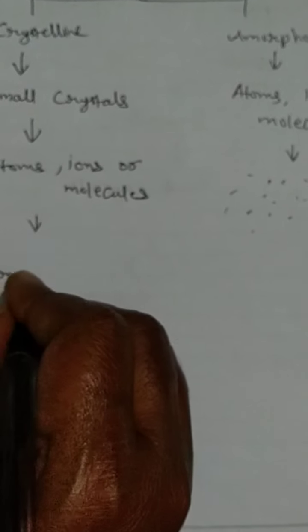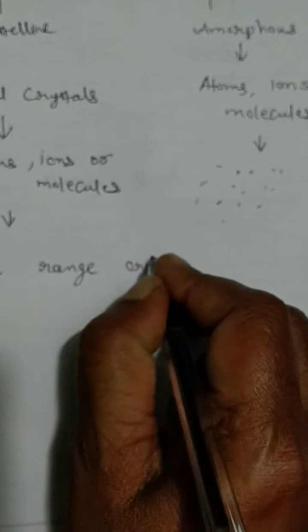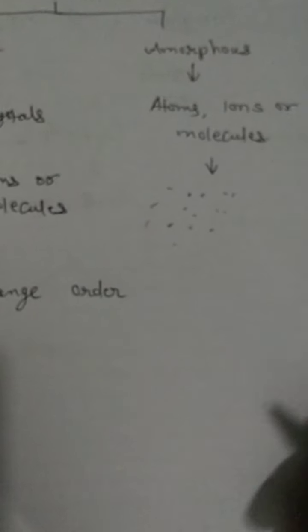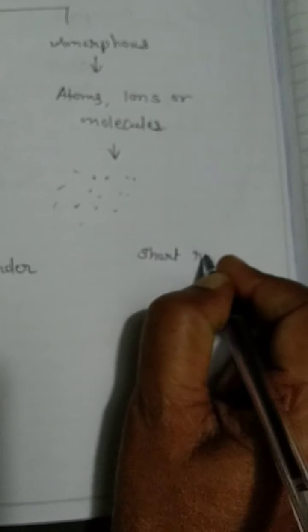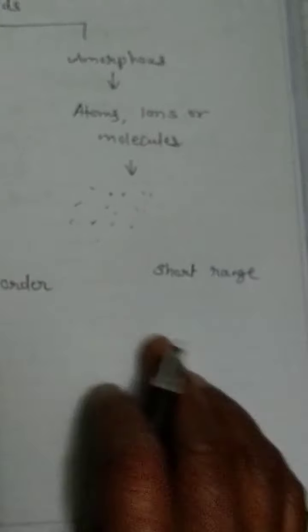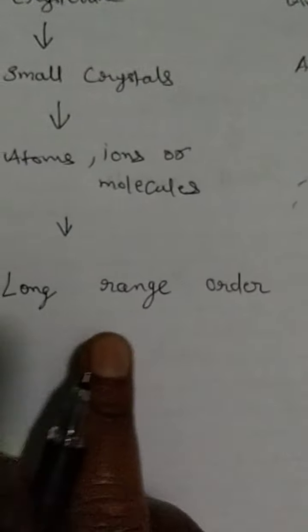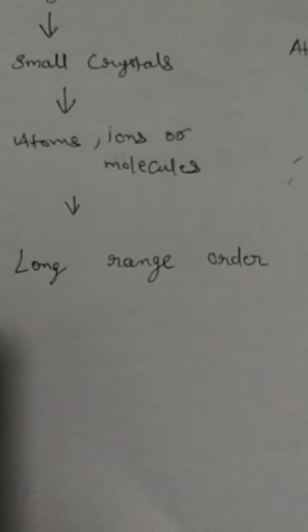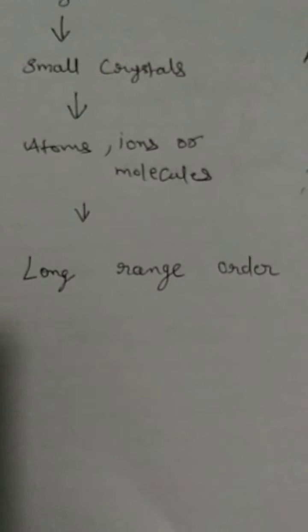So in a crystalline compound, we can see the long range order. But in an amorphous compound, no such order is present, or you can say that there is just a short range order. And this short range order does not repeat itself, while in a crystalline compound, long range order is present and we find that there is a repetition.